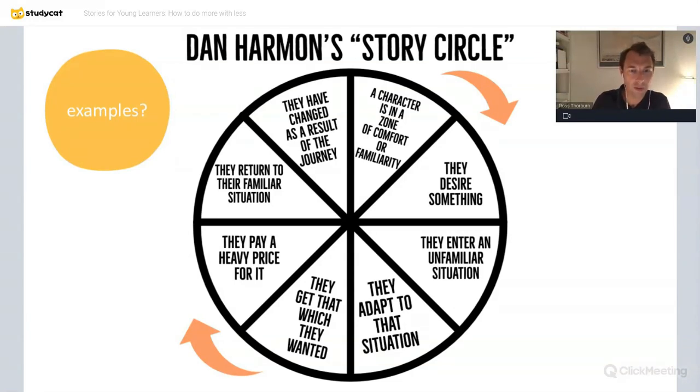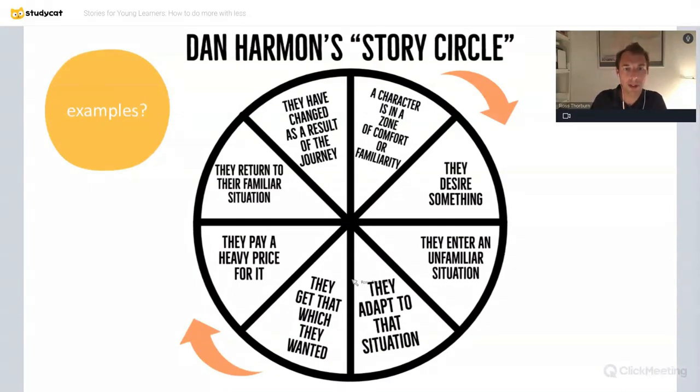This one starts off with a character at the beginning in a zone of comfort or familiarity, so things are pretty easy, but they desire something. There's something they want, and then they enter into an unfamiliar situation. Eventually, they have to adapt to that situation by changing somehow. So maybe that's the character development that someone mentioned earlier.